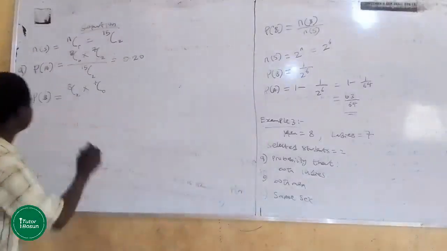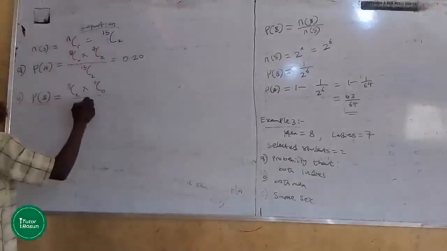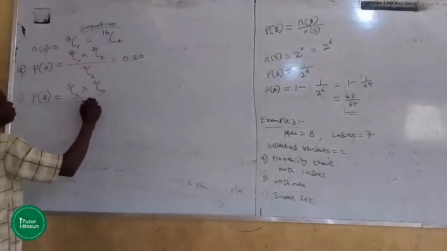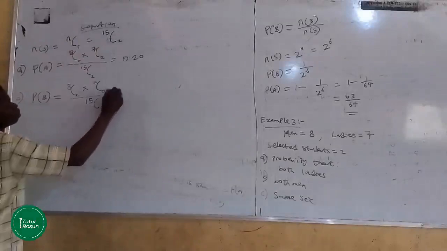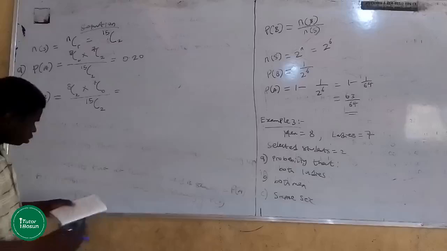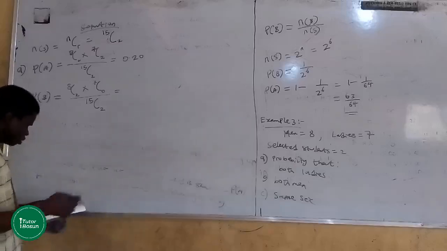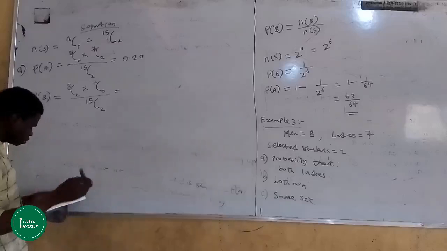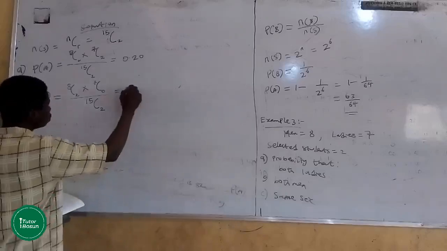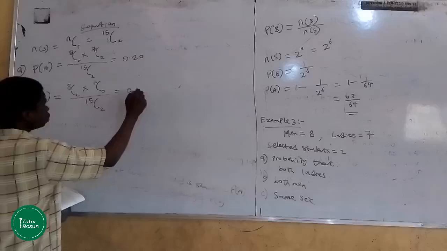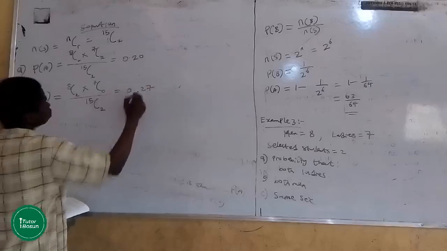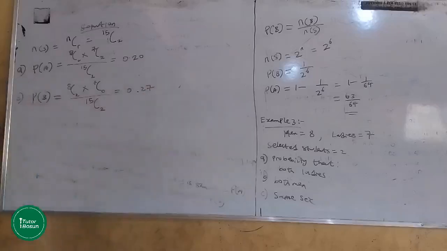Over the total number of sample space, which is 15 combination 2. If you do this very well, you should be having 0.27. You can check that on your calculator.